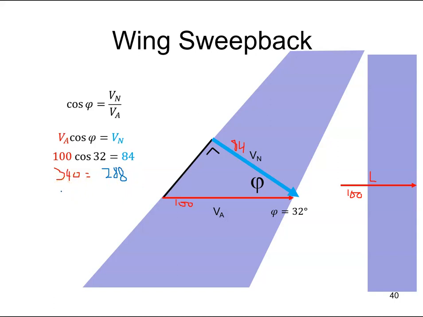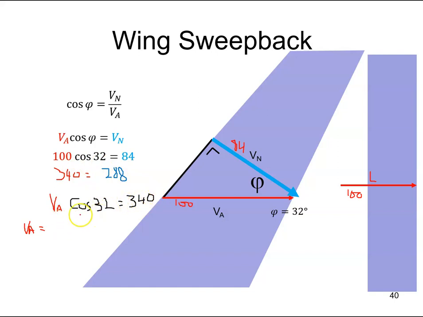In fact, let's work it out. If we want to keep this velocity below the speed of sound, 340, then what is the speed of the aircraft? VA times cosine 32 is going to be 340.